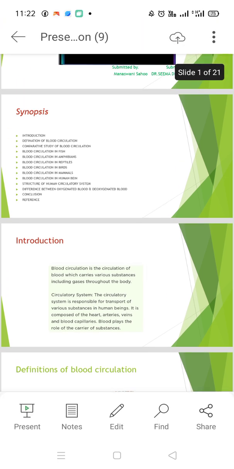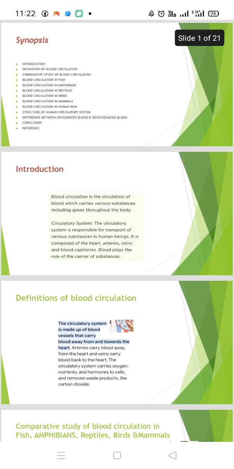The synopsis is introduction, definition of blood circulation, comparative study of blood circulation in fish, amphibians, reptiles, birds, mammals, blood circulation in human being, structure of human circulatory system, difference between oxygenated blood and deoxygenated blood, conclusion and reference.